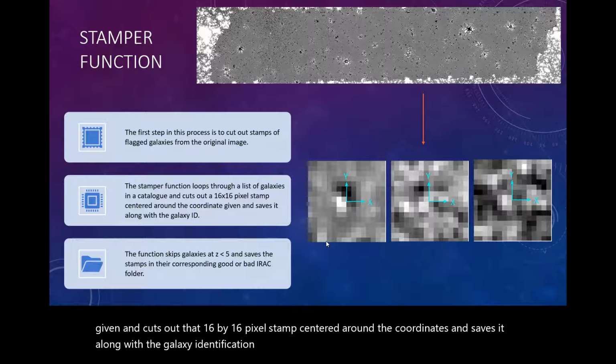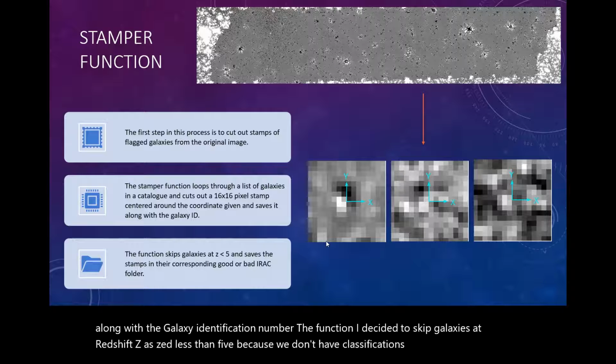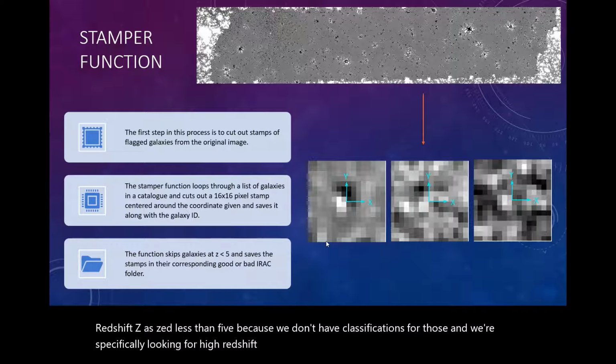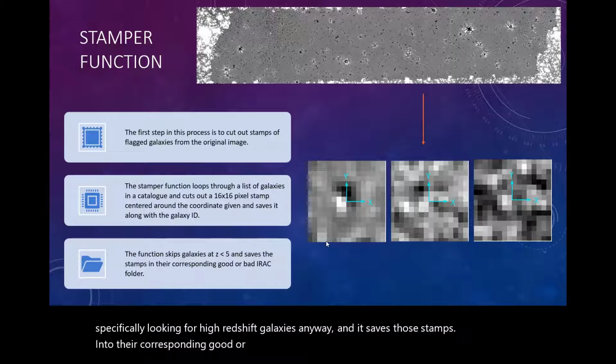I decided to skip galaxies at redshift z less than 5 because we don't have classifications for those, and we're specifically looking for high redshift galaxies anyway. And it saves those stamps into their corresponding good or bad IRAC folder so that I can split them up and look at them separately when I get to MATLAB.